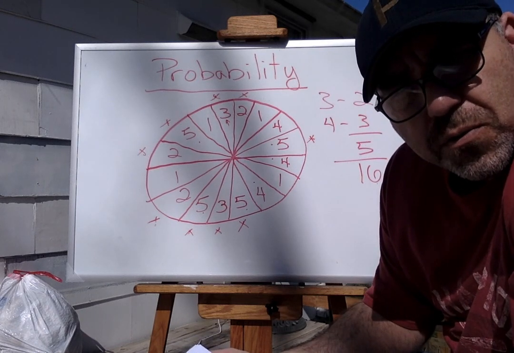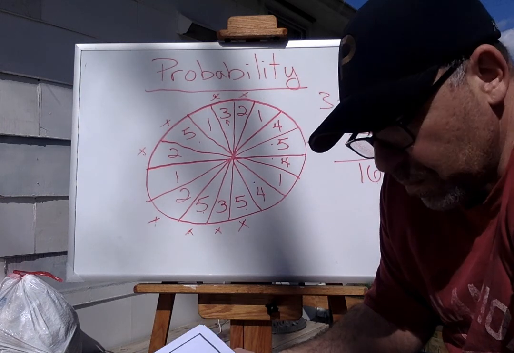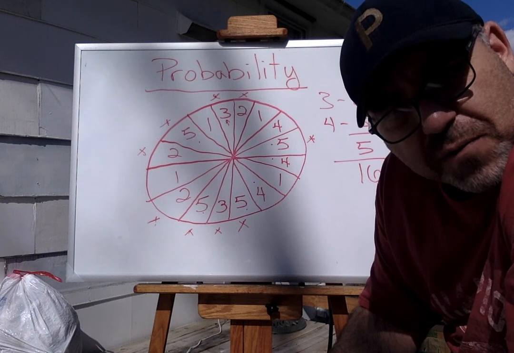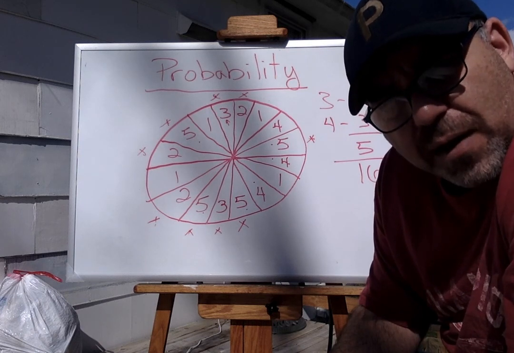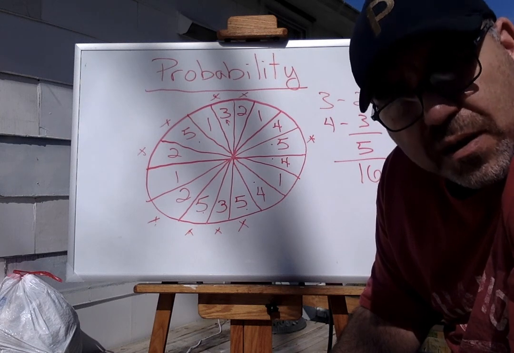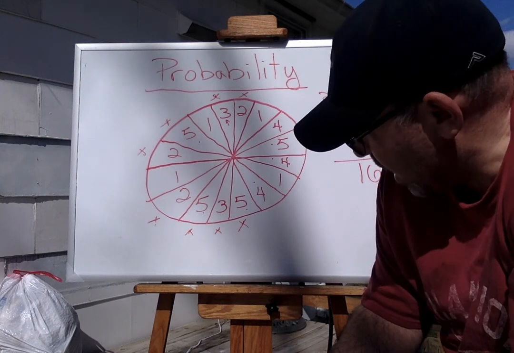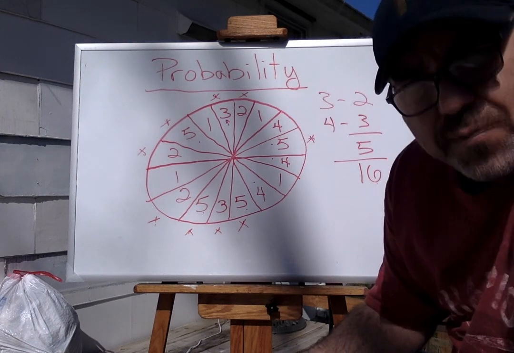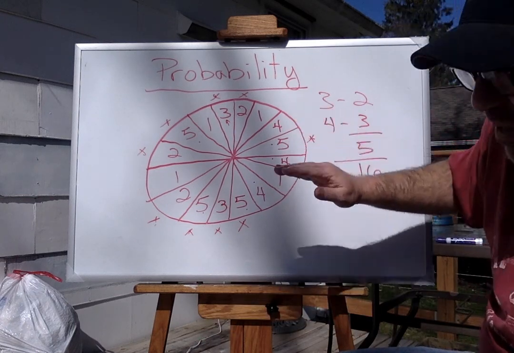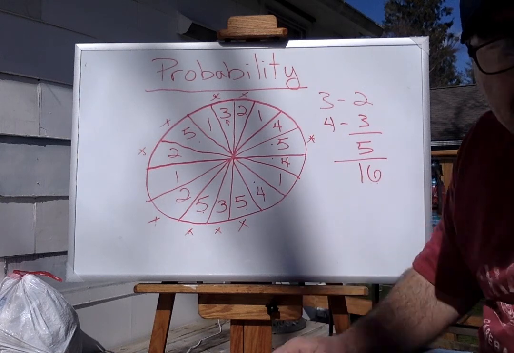There could be a little bit of breeze, whatever the case is. There's all kinds of different environmental effects on spinners and coins and dice and things like that. So you can't automatically know that this is going to definitely occur. But in theory, that's what should happen.